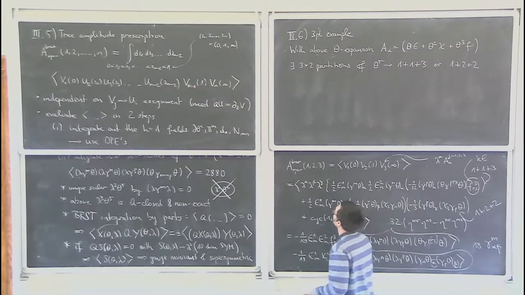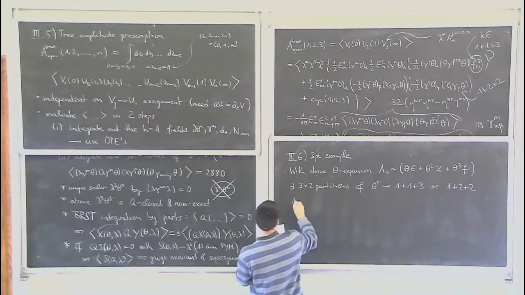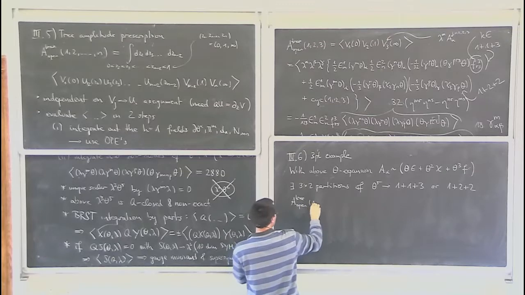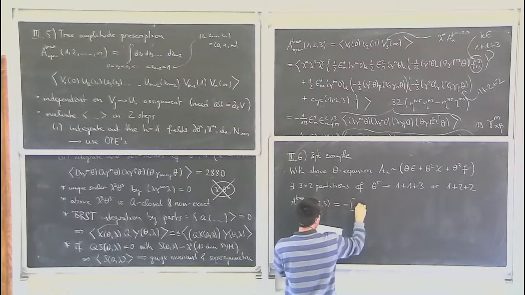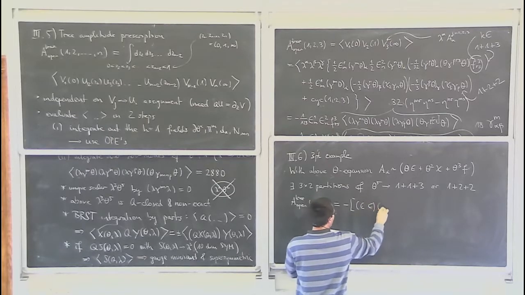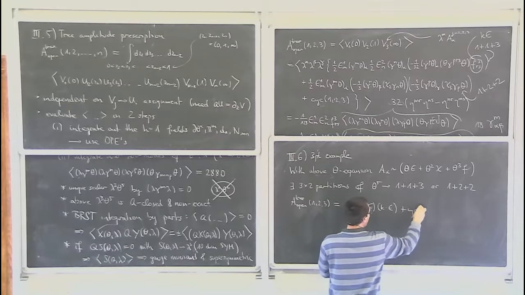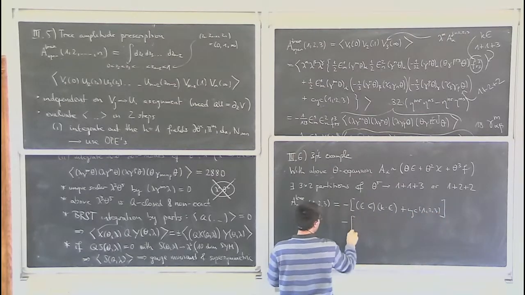All right, when the dust settles, by plugging everything together, you will find that this 3-point function is giving you something bosonic, and something fermionic.